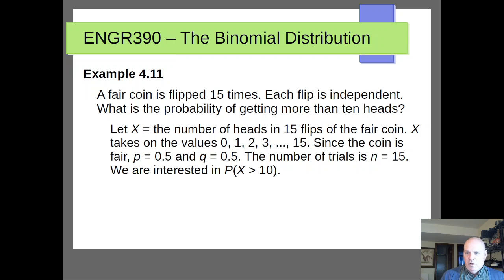With a fair coin, we would expect maybe to get something closer to 7 heads in any given trial. But it is possible that we might do this experiment and actually get 15 heads. Since the coin is fair, P is equal to 0.5, and Q is equal to 0.5, and the number of trials n is 15. In this particular case, we're interested in the probability that X is greater than 10.